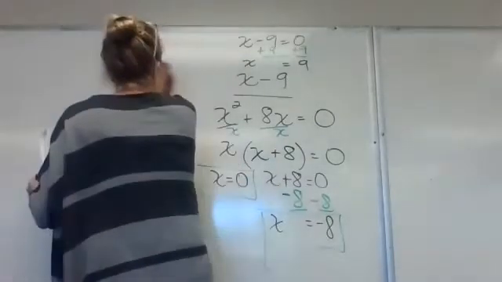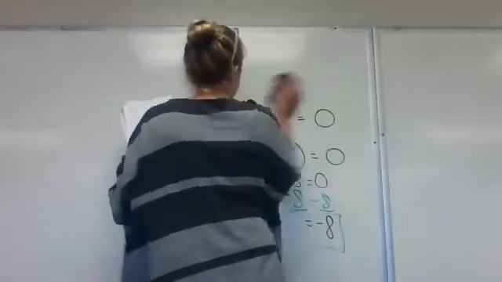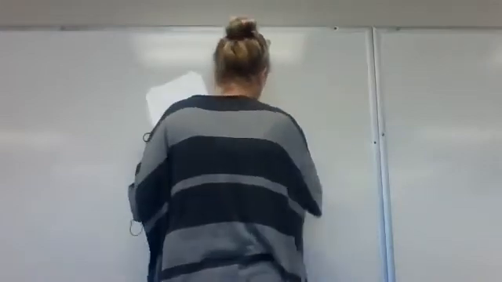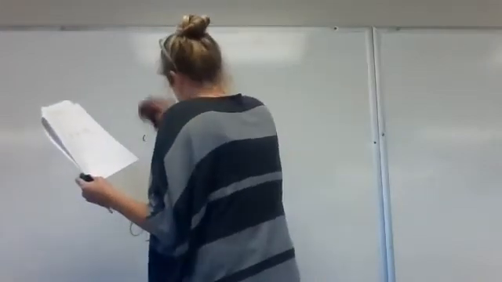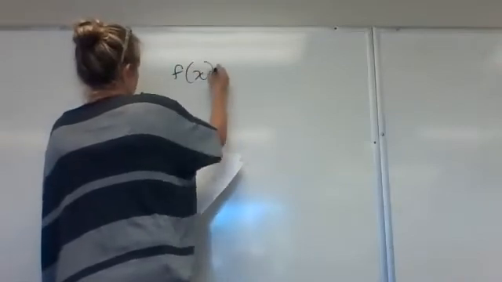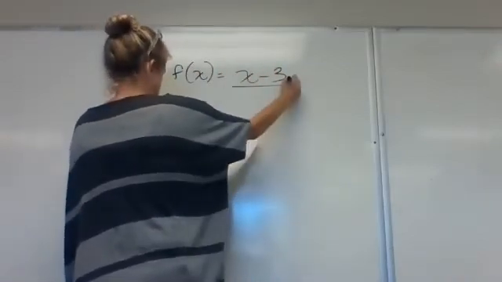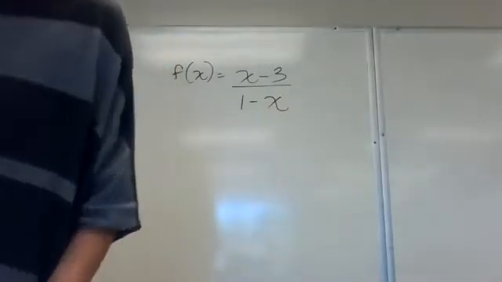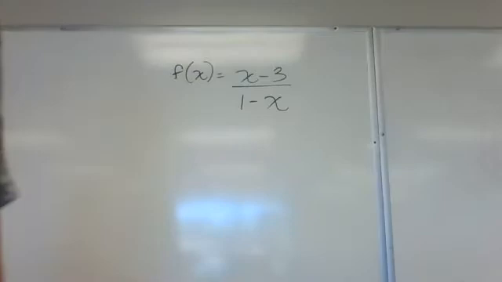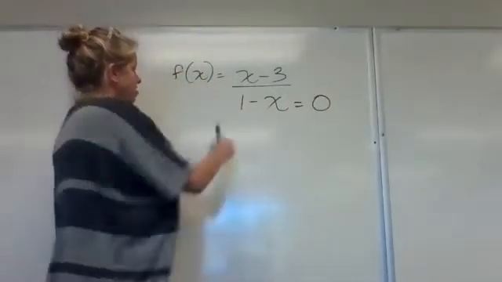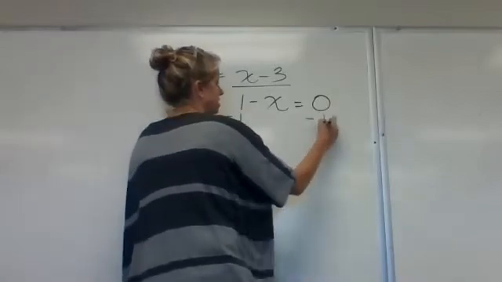Right, number 7. F of X equals X minus 3 over 1 minus X. Again, we're finding the vertical asymptote, which means set the denominator equal to 0 and solve it for X. So I'd have to subtract the 1 from both sides.